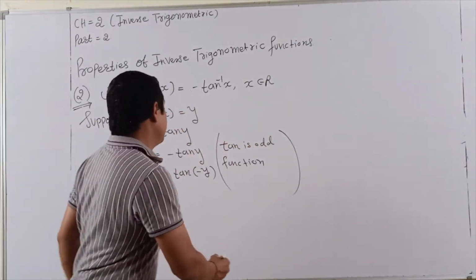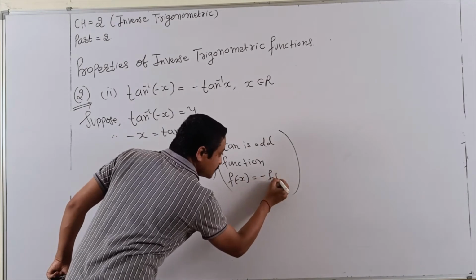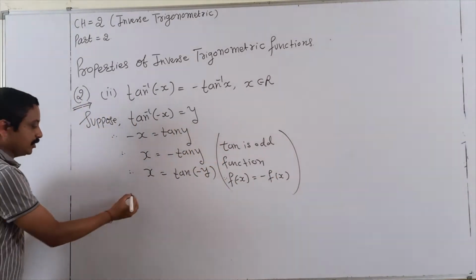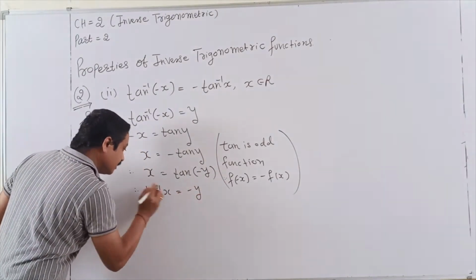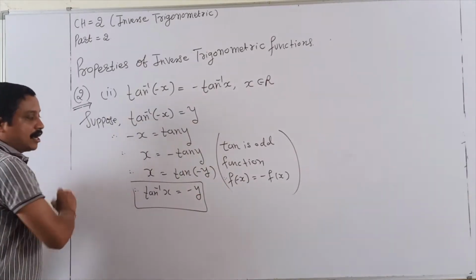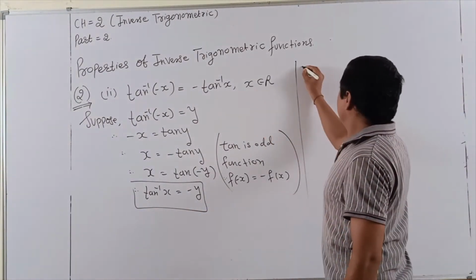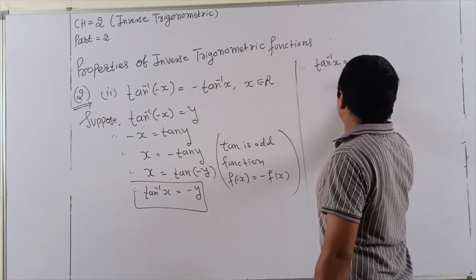The odd function definition is f of minus x is equal to minus f of x, and I utilize that value. It means tan inverse x is equal to minus y.